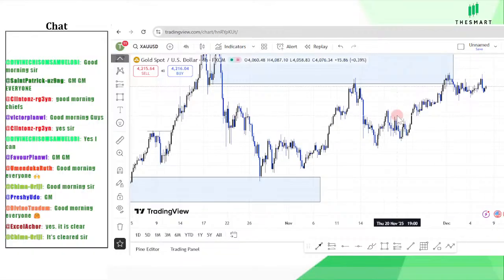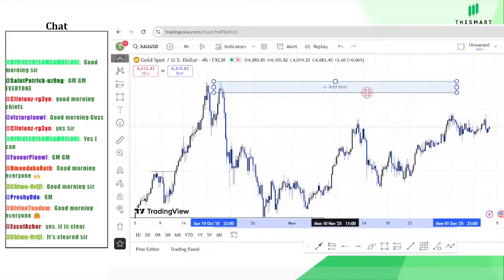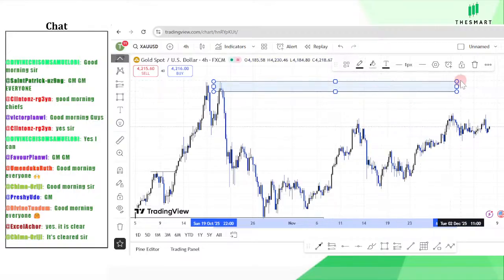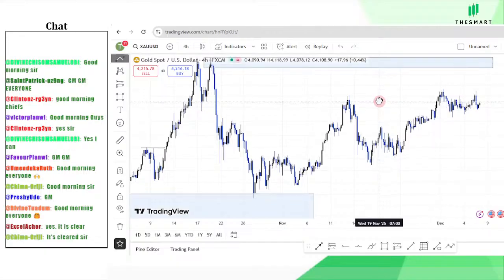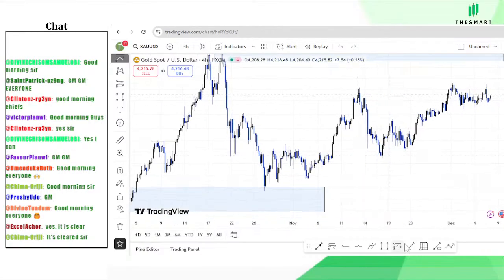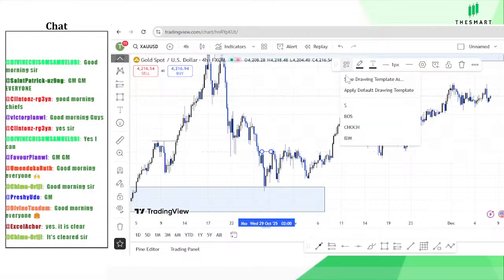So here on the 4 hours, let's refine this. So this is what we have as the 4 hours supply. So let's get to look at the internal price action all the way to this point. So at this level, we had a change of character.